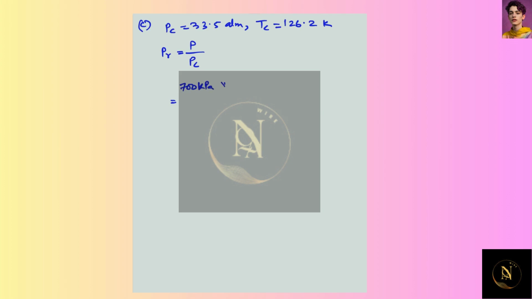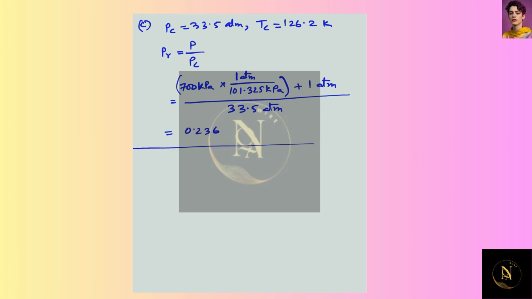Therefore, 700 kilopascal multiplied by 1 atmospheric pressure divided by 101.325 kilopascal, and we add 1 atmospheric pressure to convert it to absolute pressure, divided by the critical pressure, which is 33.5 atmospheric pressure, and this calculation gives reduced pressure of 0.236.